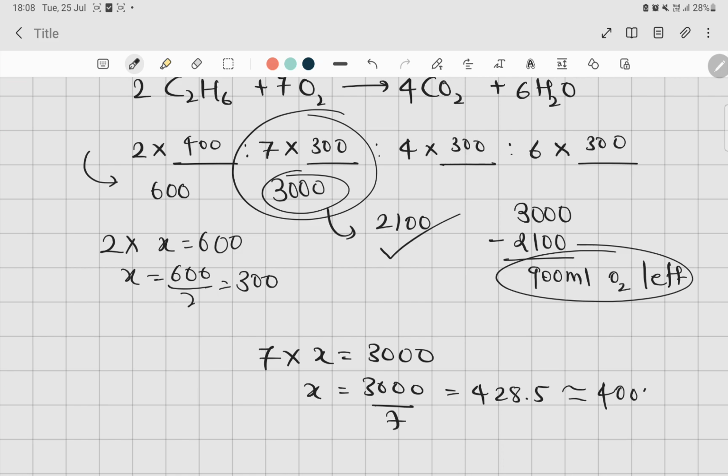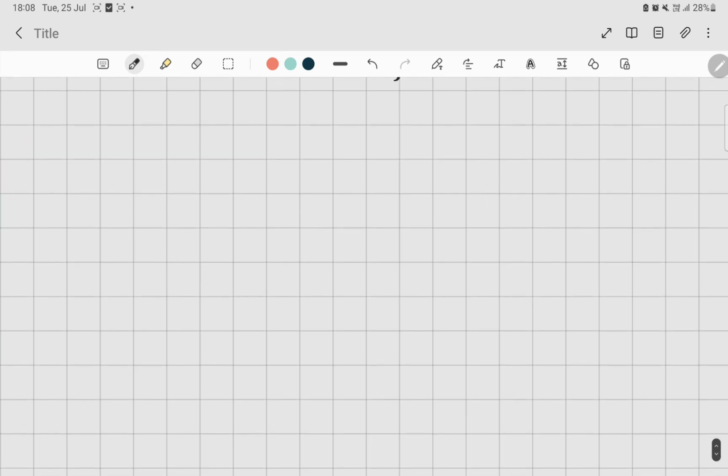In this case the ethane will be in a limited amount. So we have to solve this equation with the help of 300. So our answer is that the amount of oxygen left is 900 ml. Understood?